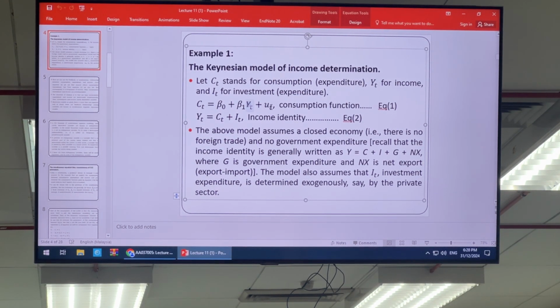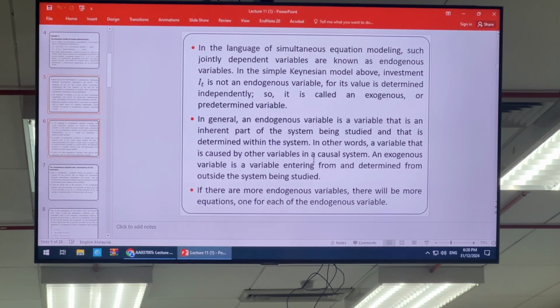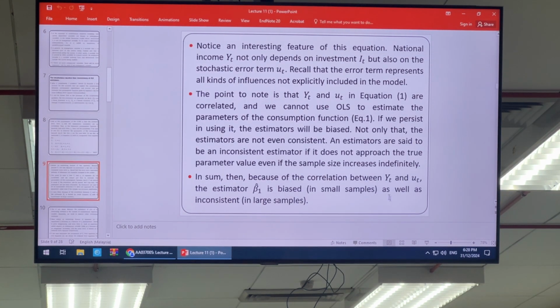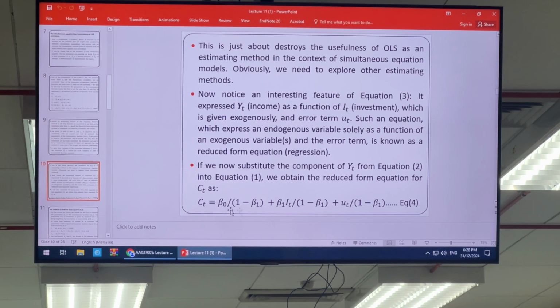So what we need to do is convert this equation to the corresponding reduced form equation, which is given by equation 4. This is the reduced form for equation 1. Now if we simply regress consumption against investment IT, we can use the estimated coefficients to get estimates of beta 0 and beta 1 in the original equation.